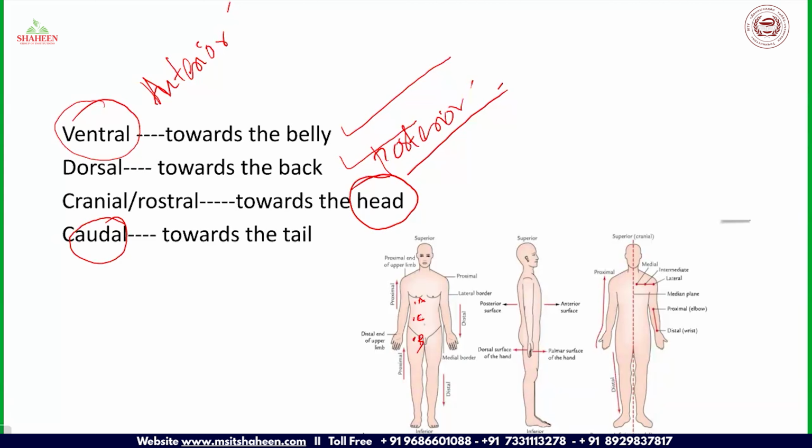Yes, ma'am. When you compare, A is in the cranial aspect because it is towards the head, and B is towards the tail end. This is the caudal end and this is the cranial or the rostral end.